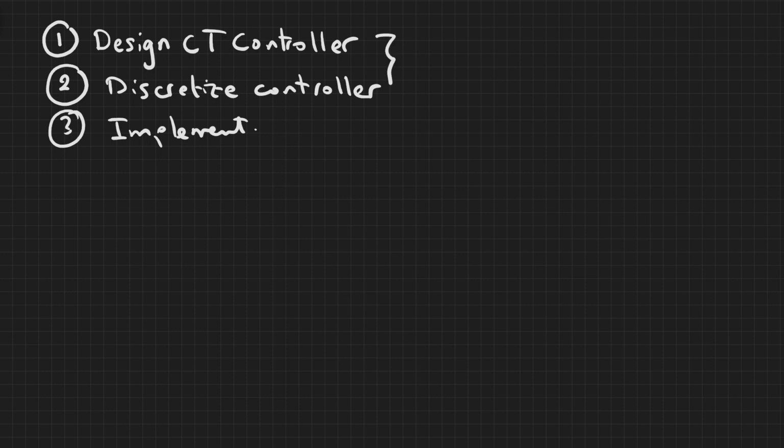But there is a small problem in this strategy. What is it? You are designing the controller in the continuous time domain, but eventually the final real system will look something like this.